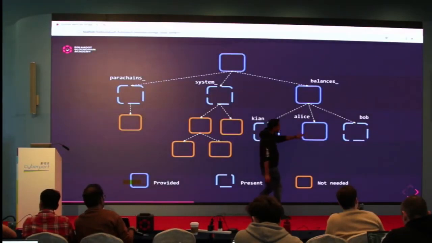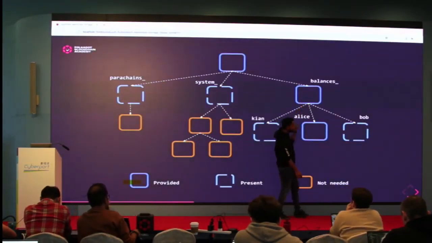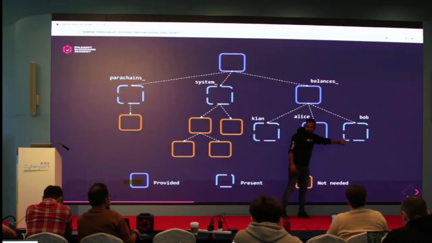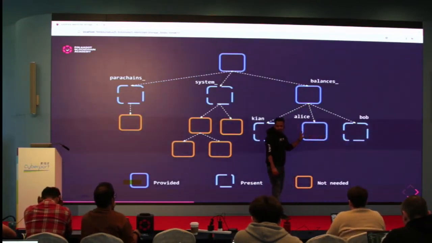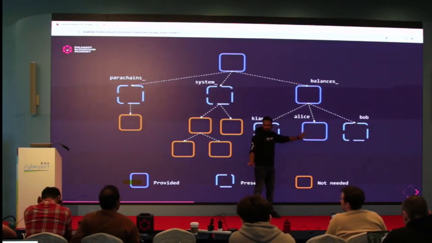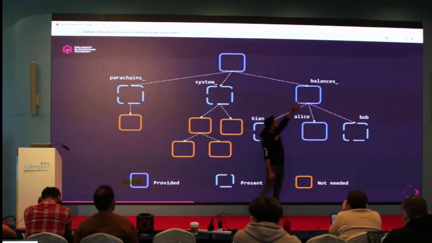If all three are hashed together, then we can come to the balances. We don't care about the actual values inside. Does that make sense? So you just need this node, not these.